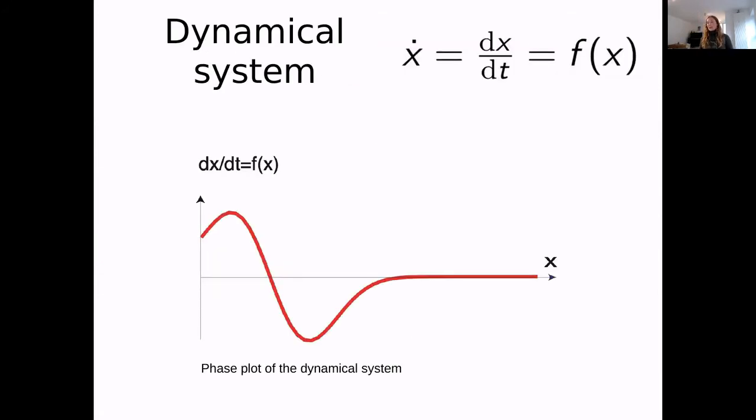Okay, so now a dynamical system is usually not linear, but we have kind of a non-linear function. And again, this is now a phase plot, where we have again our state here and our rate of change here. But now it's a non-linear function and not a linear one. So we may have any function f that describes our rate of change.